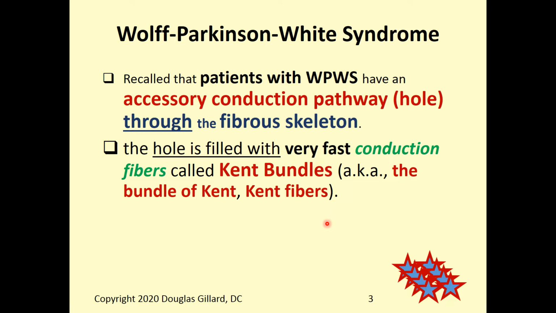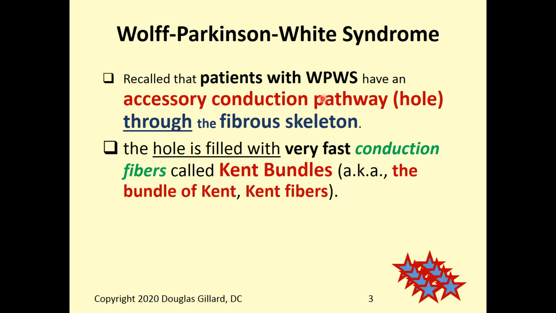So with accessory conduction pathways, if we sneak into the ventricles ahead of time, there goes your PR segment. The flat part is gone. And the QRS complex is wider than normal. Anyway, we'll get to that.